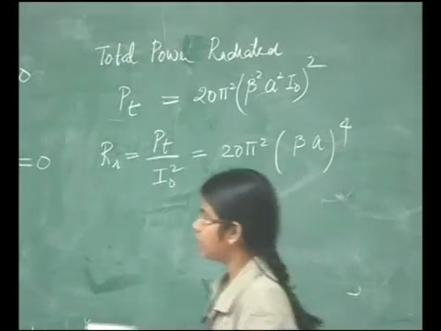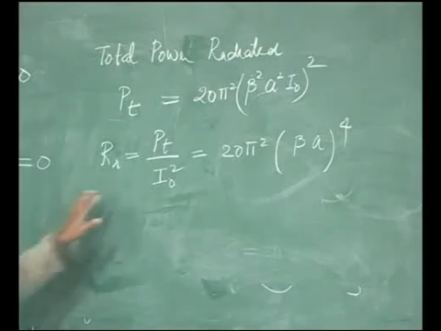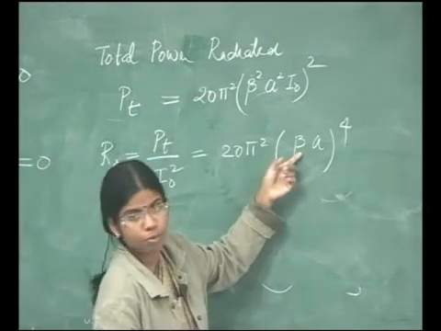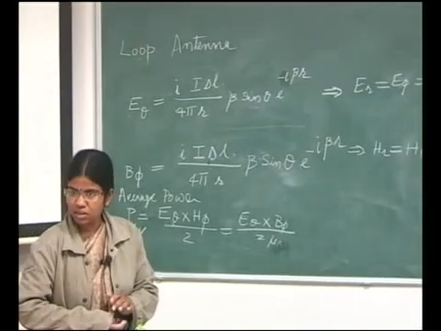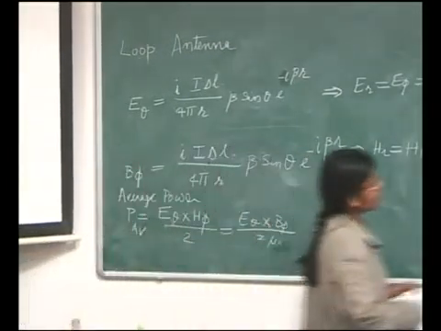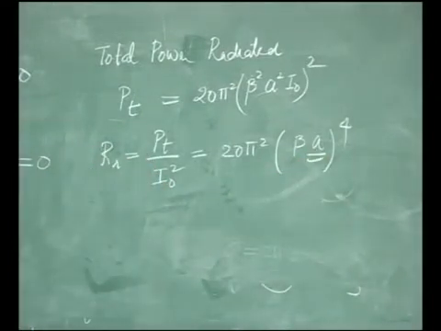So, you can do this multiplication and integrate it over theta from 0 to pi and phi from 0 to 2 pi, and you will end up with this expression. So, I can see here that radiation resistance is 20 pi square times beta propagation constant and the radius of the loop. So, it means radius of the loop is very important in deciding the radiation resistance. The A here is very important in deciding the radiation resistance of the loop.